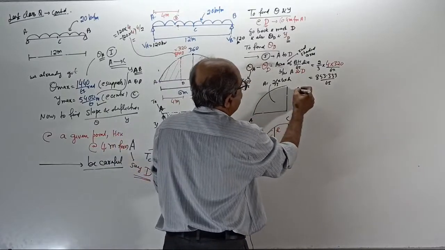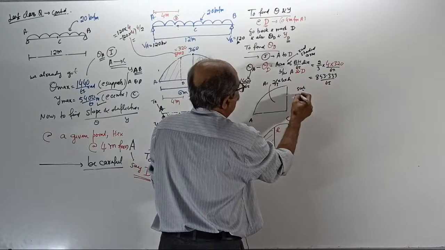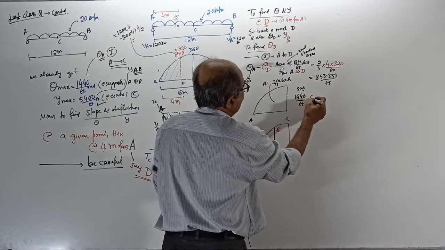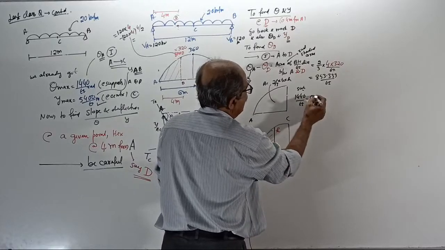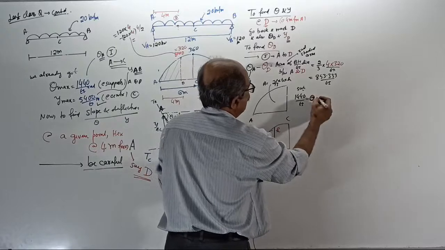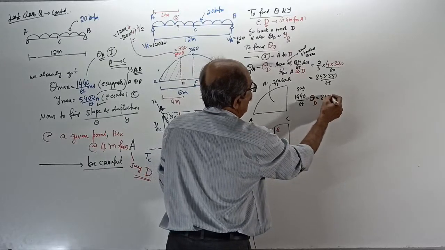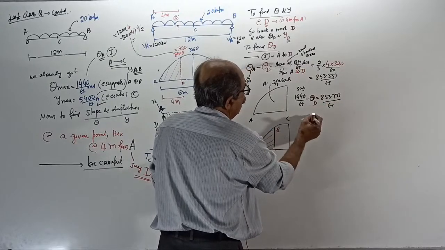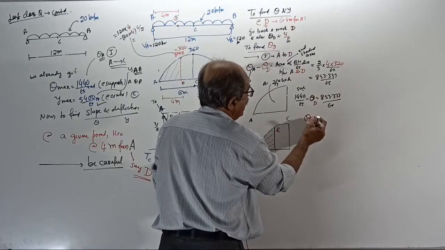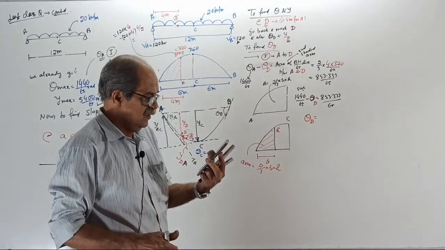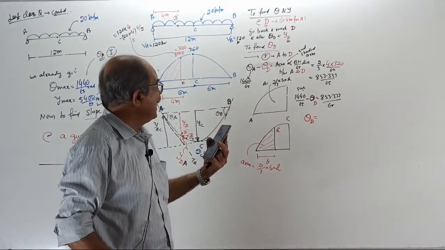853.333 by EI. Okay. Then this is 1440 by EI. So if you substitute now, 1440 by EI minus your theta D equals 853.333 by EI. Tell me what is the theta D you will get.